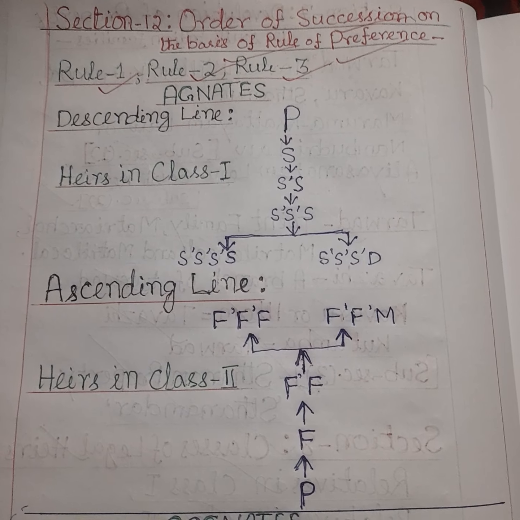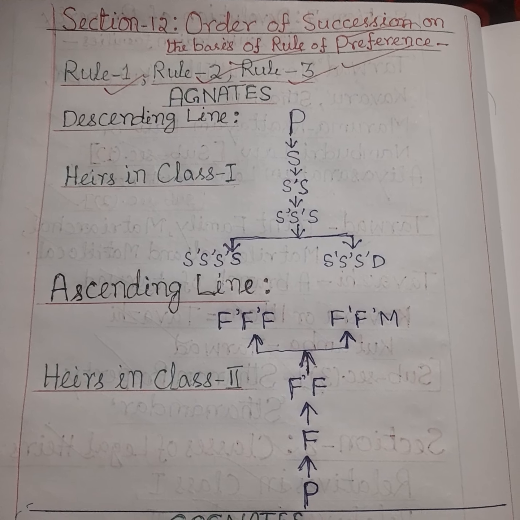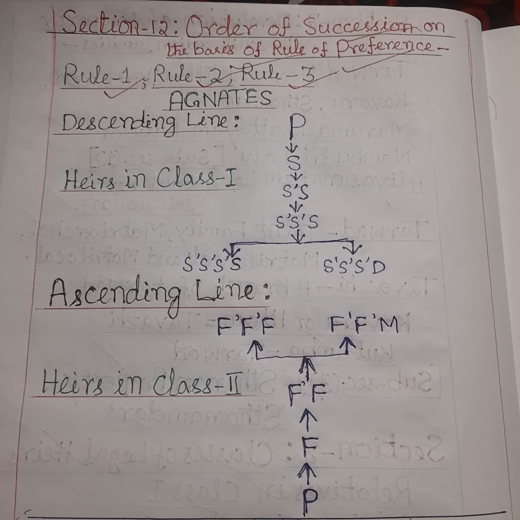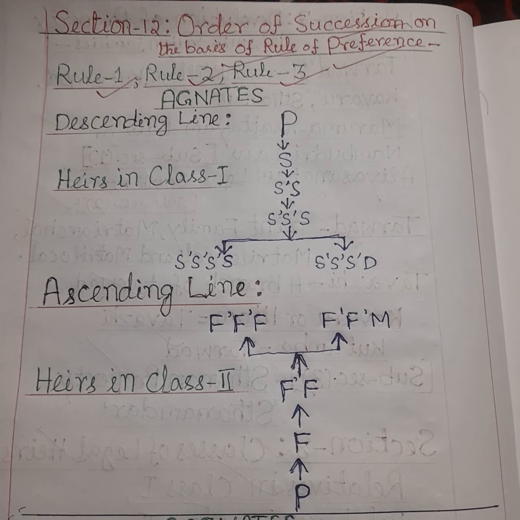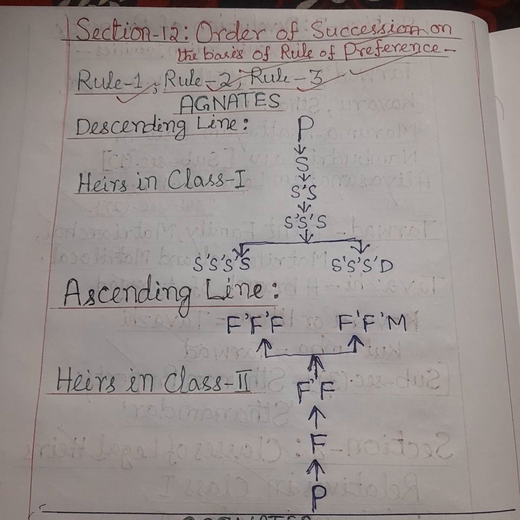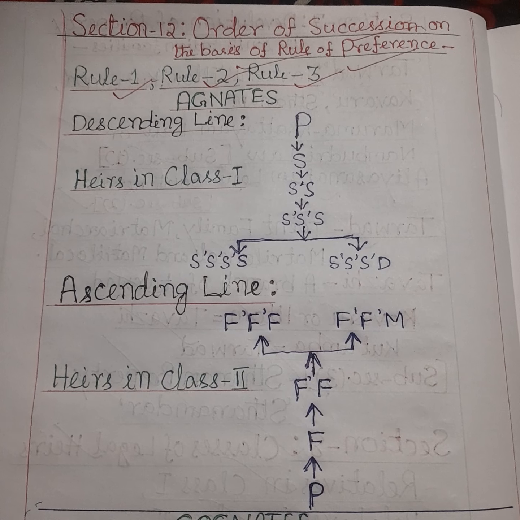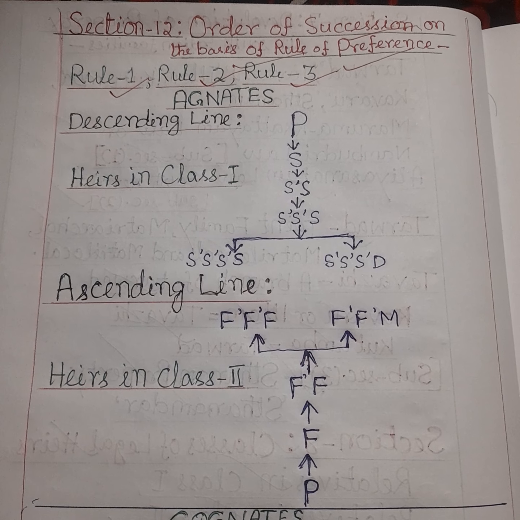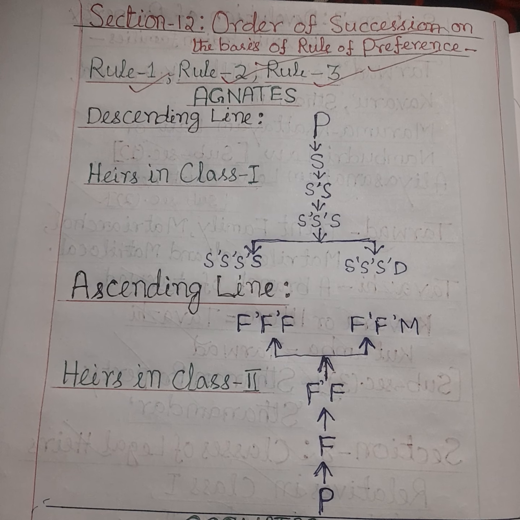So according to rule 1, of the two heirs, the one who has fewer or no degrees of ascent is preferred.